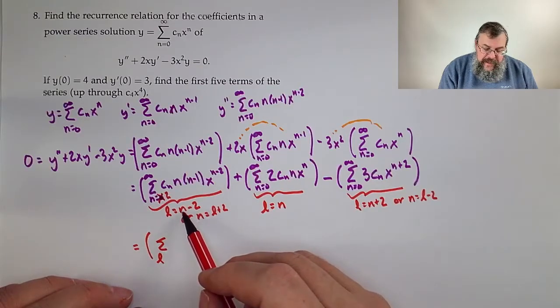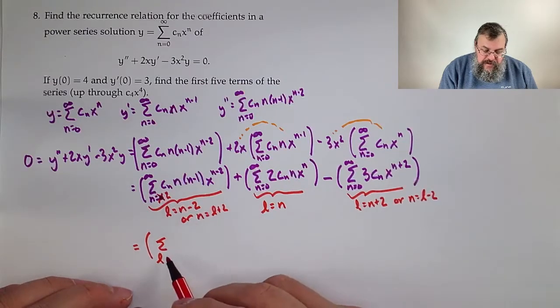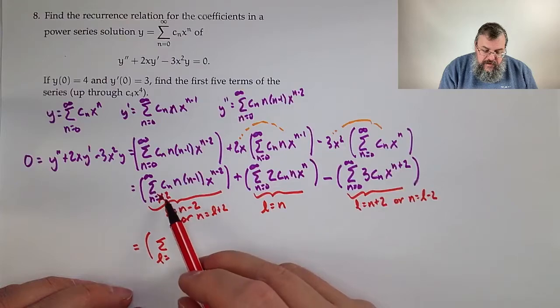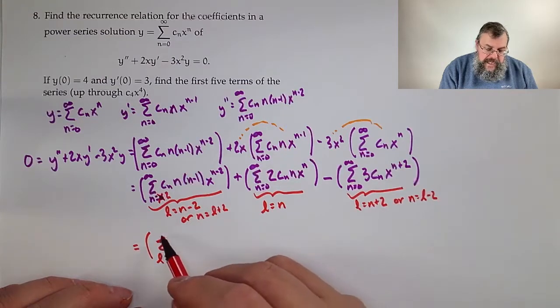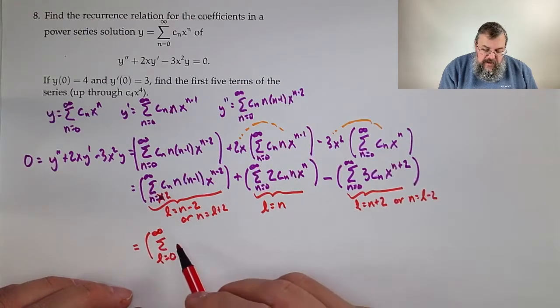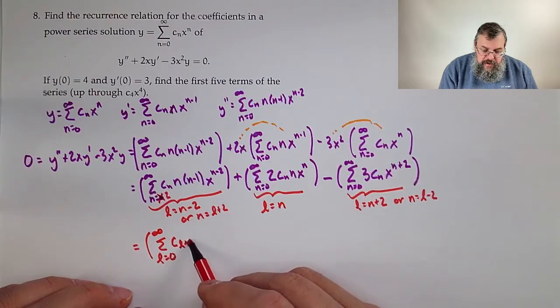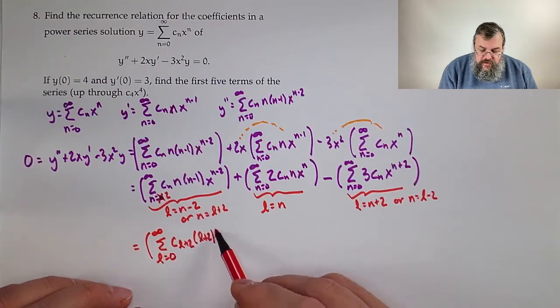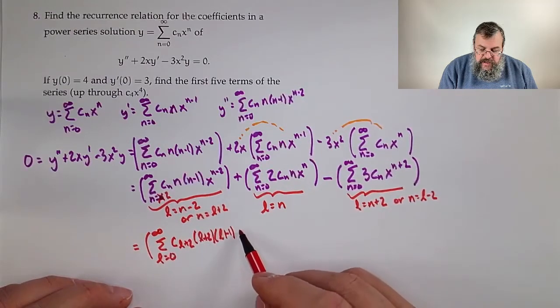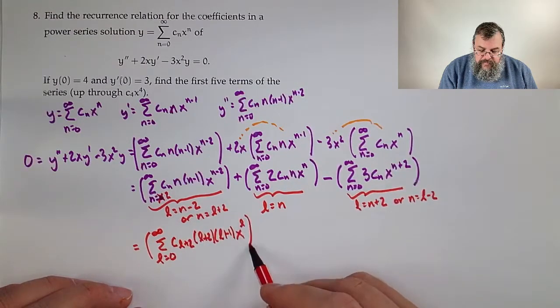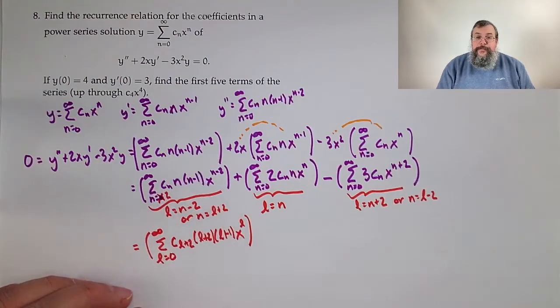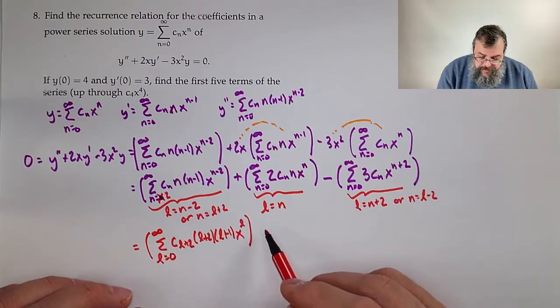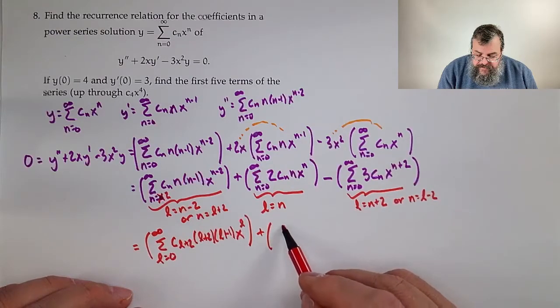So now, this n minus 2, because I start at 2, starts at L equals 0. Nice. Then we have C, L plus 2, and then we have our L plus 2, L plus 1, and that's x to the L. All right, so that's our first sum. The second sum, we actually don't even have to do anything.